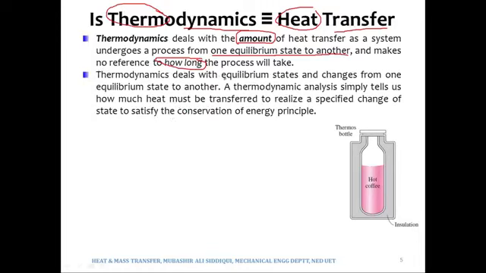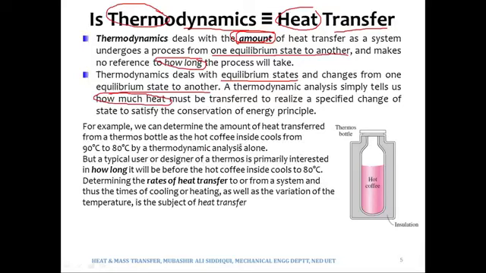Thermodynamics deals with equilibrium states and changes from one equilibrium state to the other, from the start of the process till the end of the process. The thermodynamic analysis gives us the amount of heat that would be transferred into or out of the system.